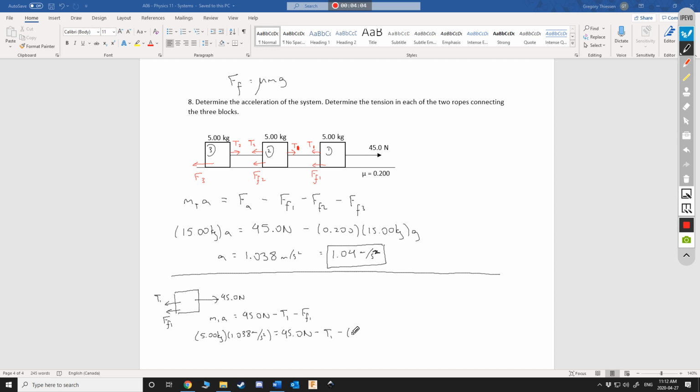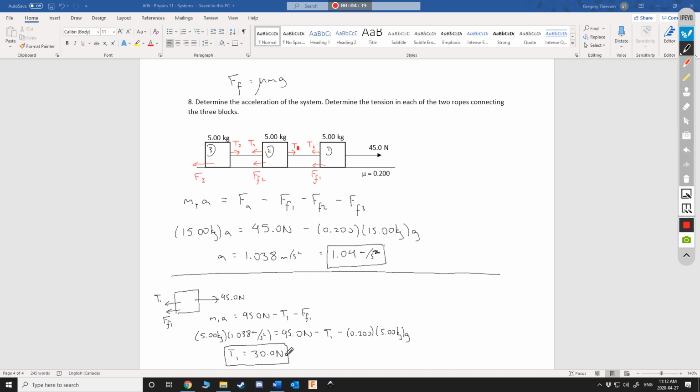So it's the 0.200 multiplied by the 5.00 kilograms times G. So now you can solve for T. That's 45, I'm going to subtract that friction, 0.2 times 5 times 9.81, and we also subtract that 5 times 1.038. And lo and behold, we get our tension force, which is 30.0 newtons.